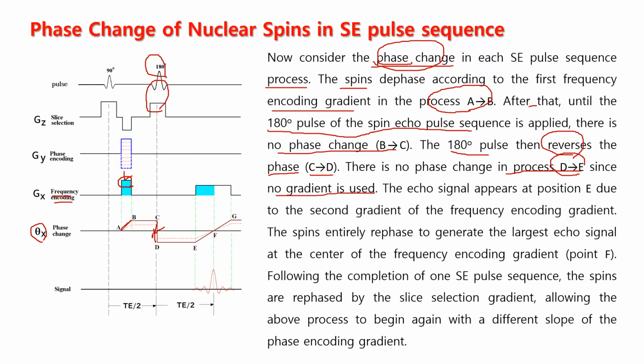So no gradient is here from D to E, so the phase does not change.